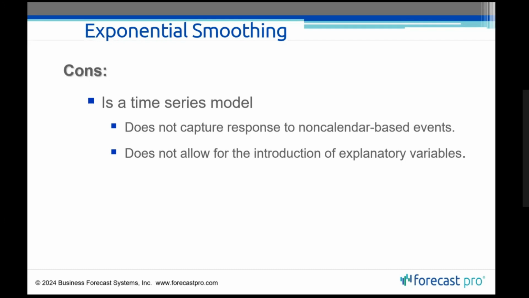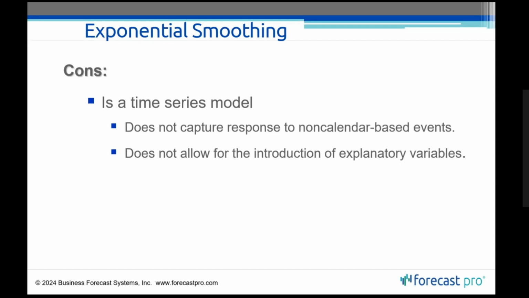That's an example of something that's moving around the calendar. And because smoothing is projecting solely based on the past, it doesn't have information about how your promotions have been moving around the calendar. So it's not going to capture things that move around the calendar.